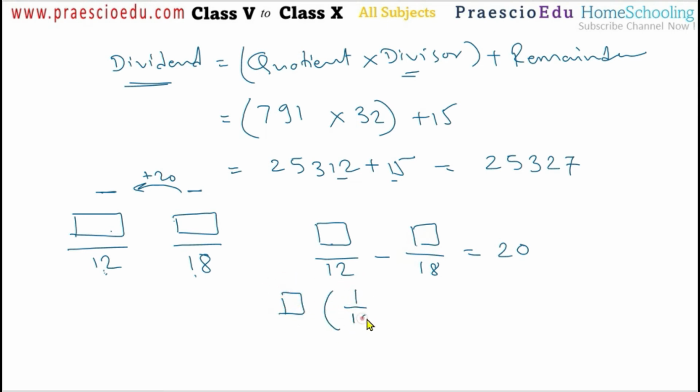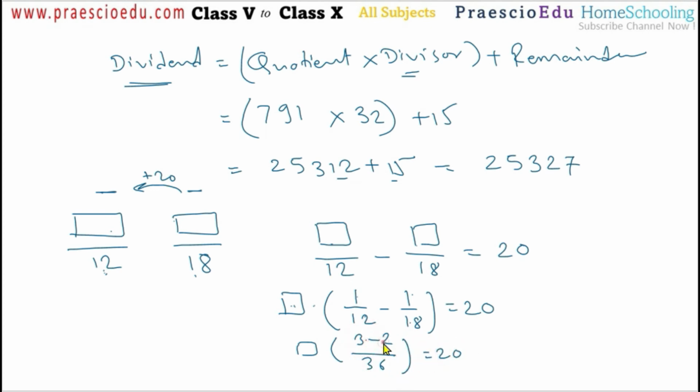So 1 by 12 minus 1 by 18 is equal to 20. So this number multiplied by this bracket, okay. So LCM is here 36. So for 36 here multiply by 3, here also 3, minus LCM 36 means here multiply by 2, here also multiply by 2, so 2 here by 36, okay, is equal to 20.